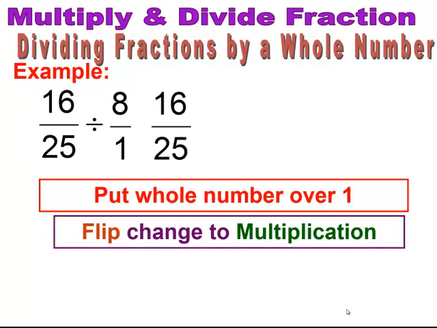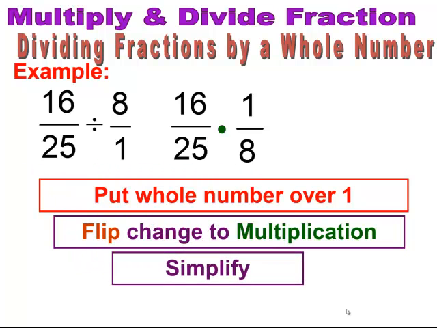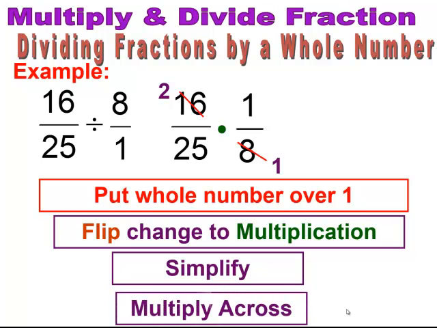So again, keep the first fraction, change it to multiplication, and then you're going to have to flip the second fraction. And in this case, that whole number 8 turns into 1 over 8. So it's very important you put whole numbers over 1. And then simplify here and multiply across. So your solution here would equal 2 over 25.